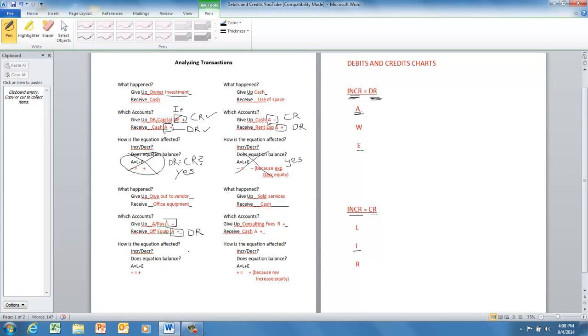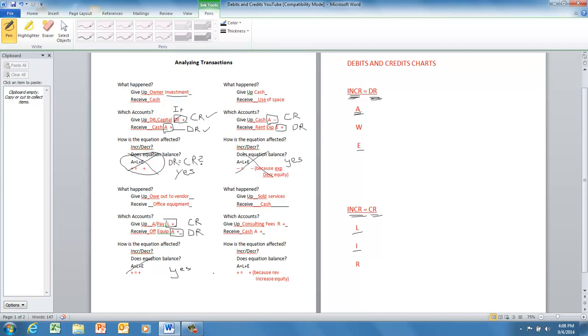And I look up liability, increase, yes, so that will be a credit. Okay. Do my debits equal my credits? Yes. I have one debit and one credit.